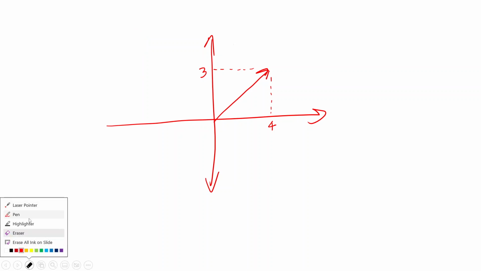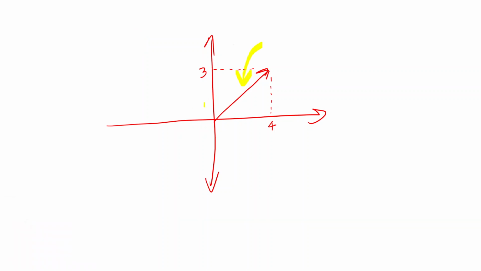What is this vector? Four plus J3. Okay. This is the imaginary part, right? This is the real axis, imaginary axis.